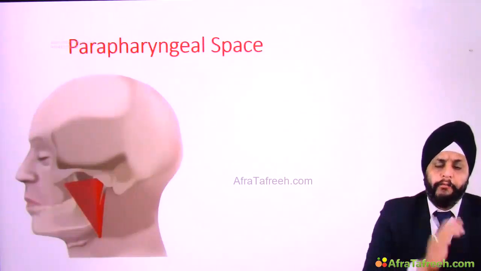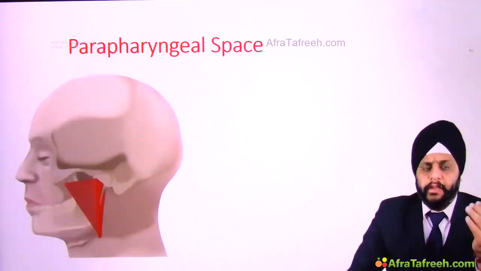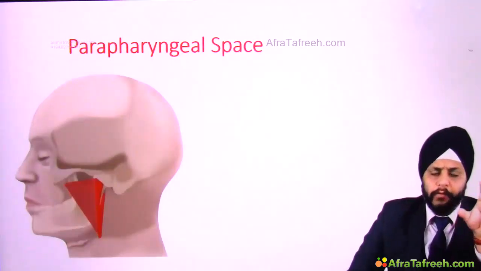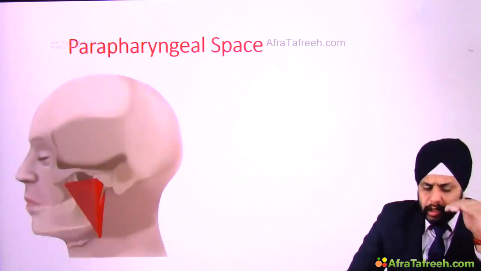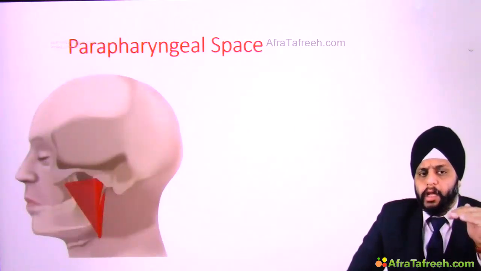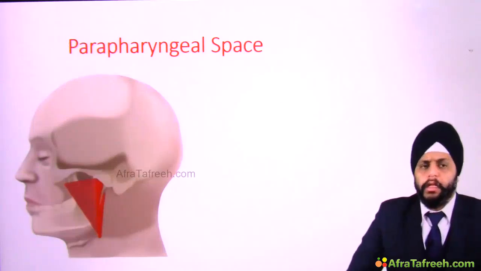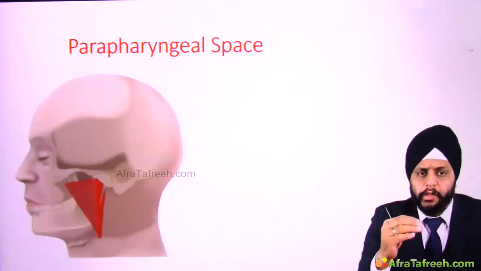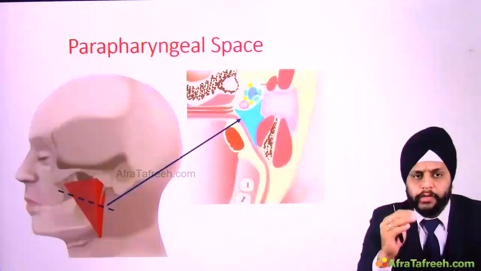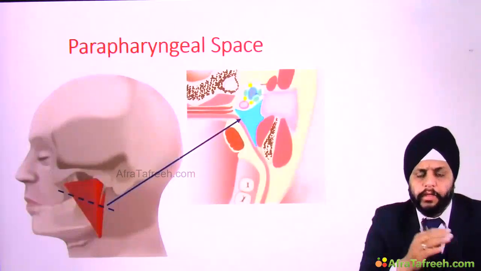The parapharyngeal space, as I just discussed, is an inverted pyramid. You can see I have drawn an inverted pyramid. The inverted pyramid starts from the skull and ends at the hyoid bone. We can have a cross section over here, the cross section we just discussed.